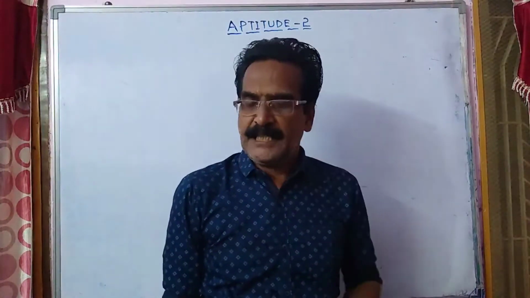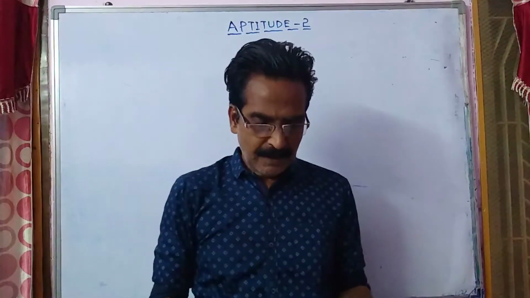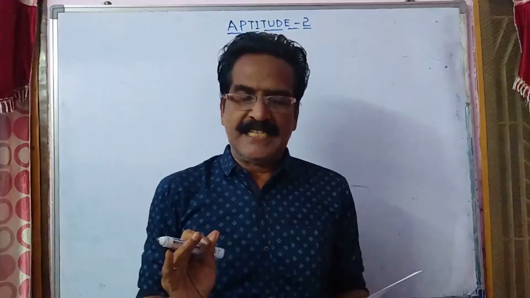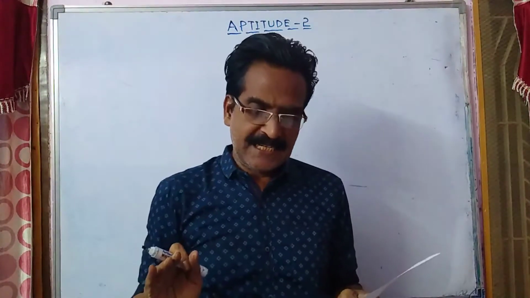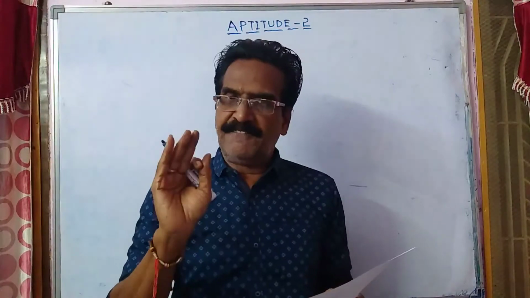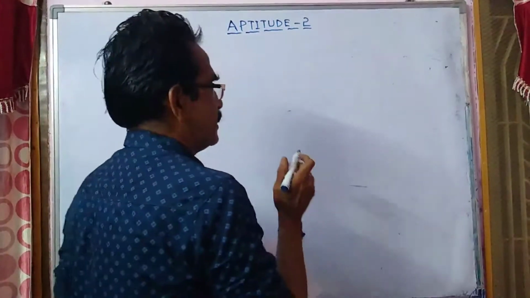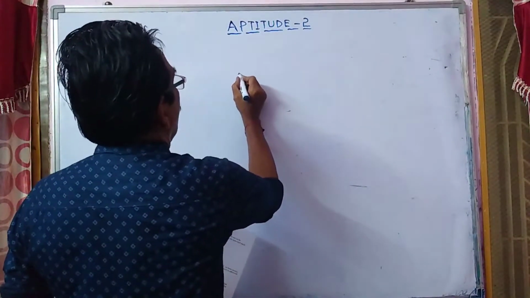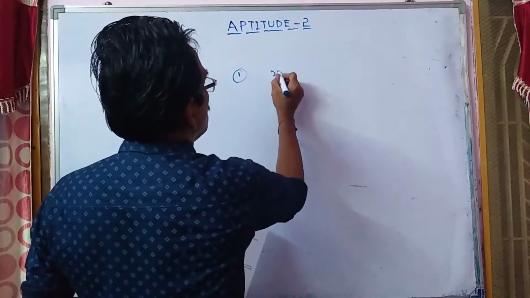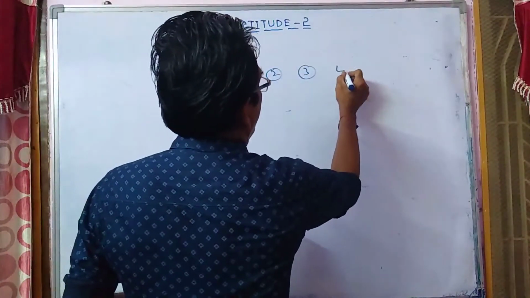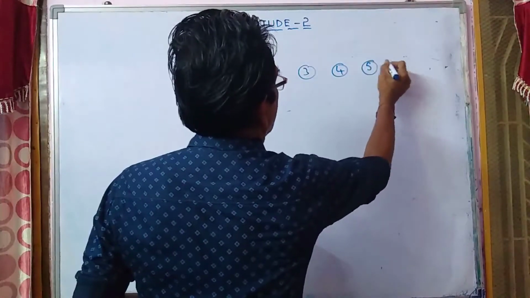Next problem, friends. There are 6 periods in each working day of a school. 1, 2, 3, 4, 5, 6.